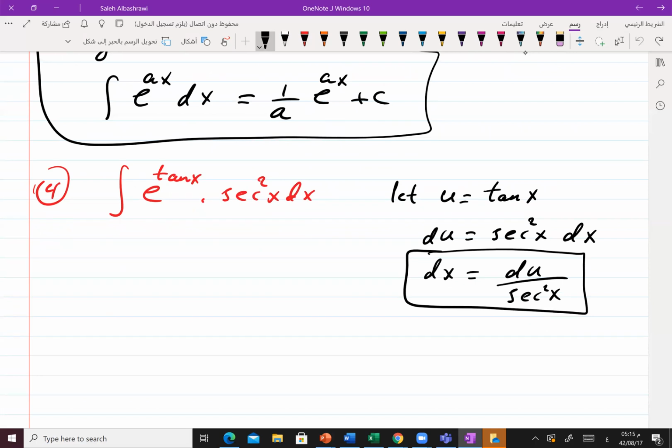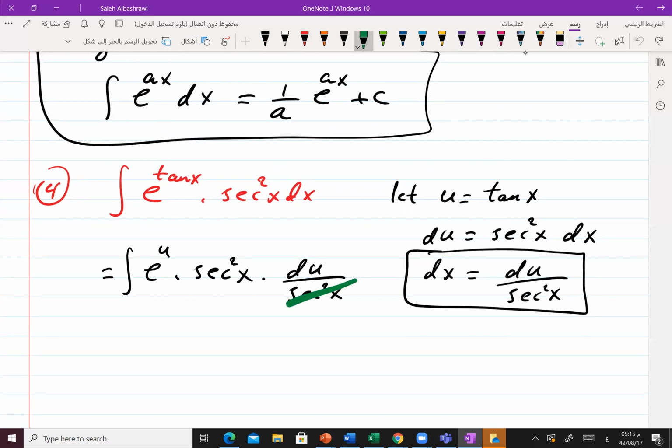So the integration now will be written as e to power u multiplied by secant square x dx, which is du divided by secant square x.